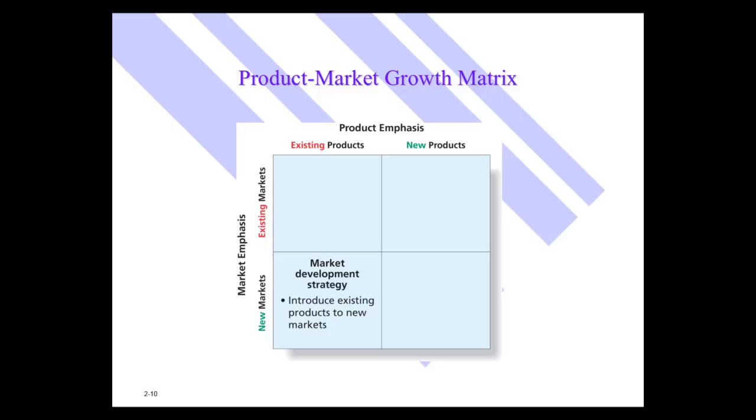Another one of our generic growth strategies is a market development strategy where we introduce existing products into new markets. Now, what do we mean by new markets? A market is a group of potential customers who are alike in the way they value, buy, and use a product. One of the most obvious types of new markets would be new geographic markets.